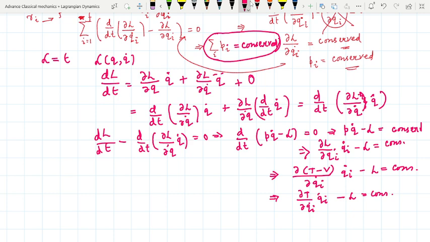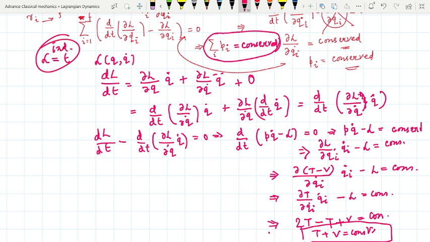Because ∂V/∂q̇_i is 0, and from our general Euler rule we know that the kinetic energy is quadratic in velocity, so this results in 2T minus the Lagrangian, meaning T minus V, so T plus V is conserved, that is total energy is conserved. So by considering the Lagrangian to be independent of time, we get the result that the total energy corresponding to the system is conserved. So these are two applications of Noether's theorem.